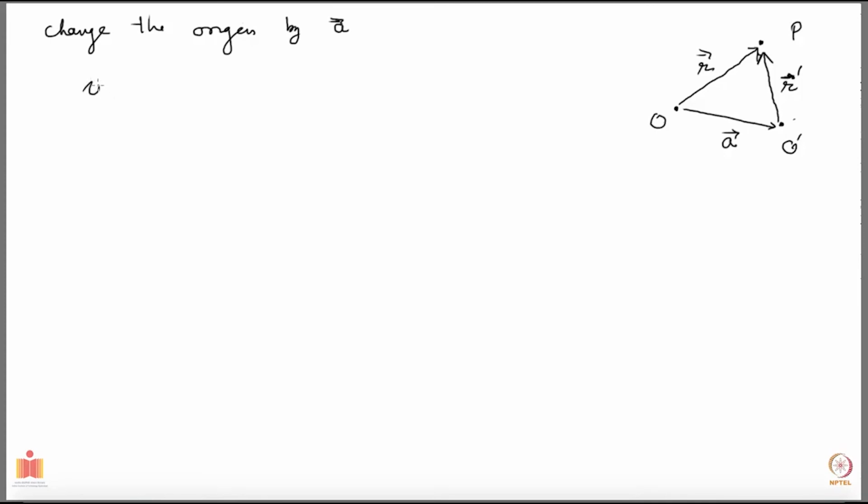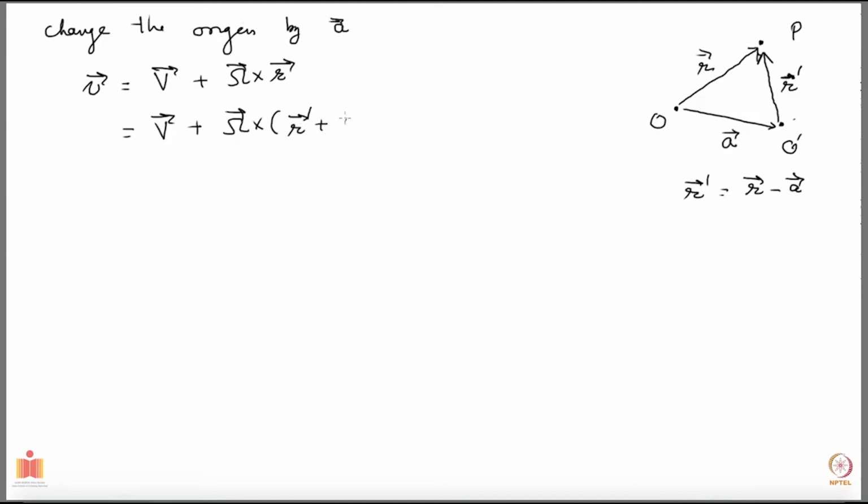Okay, and I want to know what happens to this relation. V is omega cross R. So what I do is I substitute. Here, if you see, your R prime, this vector, is R minus A. So if I substitute in here, I get V plus omega cross R, and R is R prime plus A, right?